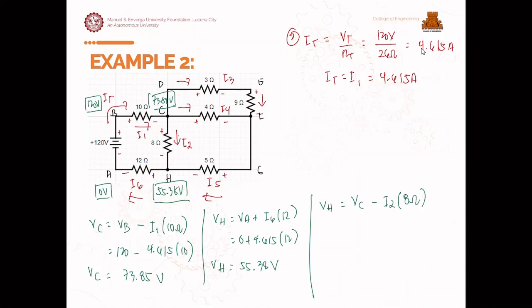Our VH is 55.38 equals 73.85 minus I2, our unknown.